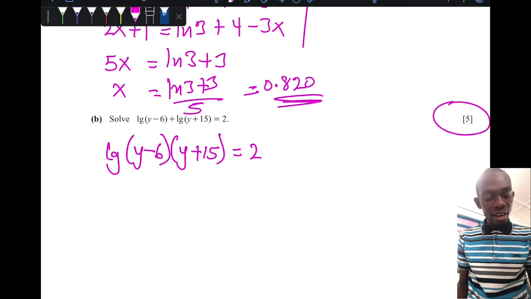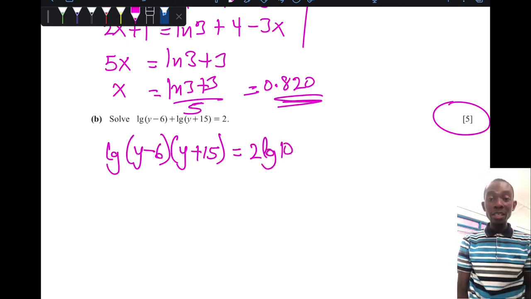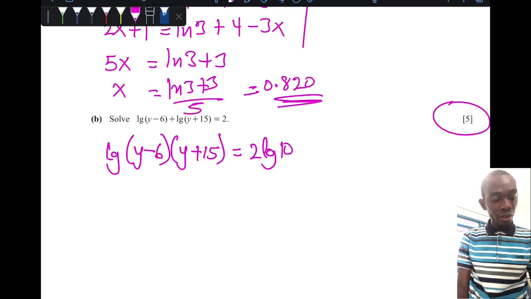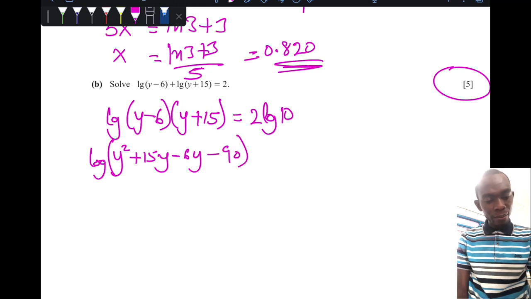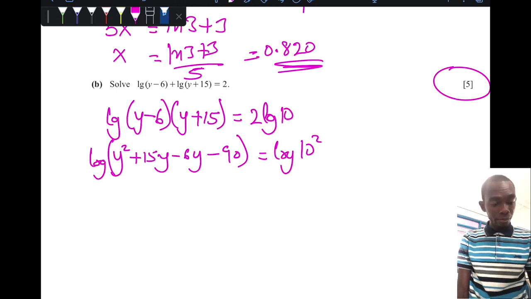So that idea, I'll just write log 10. Okay, because log 10 base 10 is 1, so I haven't changed anything. I'm going to have y squared. Okay, log y squared, 15y minus xy minus 90. Then I have log 10 squared. That's about 100, right? Yeah.